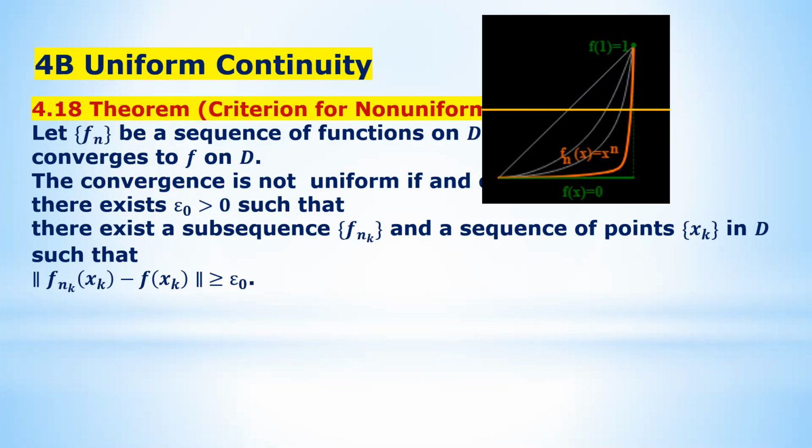What it means is that no matter how close, the function value may always be greater than a certain value. If you look at the previous picture, you can see this convergence is not uniform. When x is close to 1, no matter how close it is, you can always show that the value of the function can be greater than a certain value. It's not uniform.